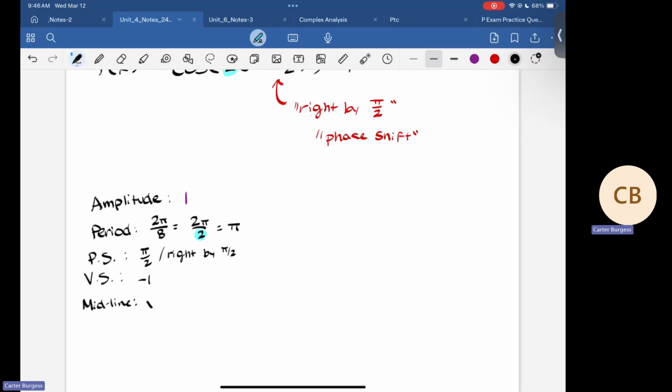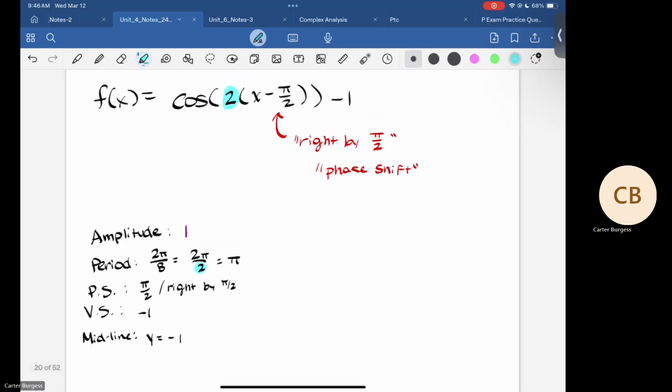Y equals -1. Yep, always. Midline will be y equals whatever that vertical shift is. It would be down 1, because it's vertical.